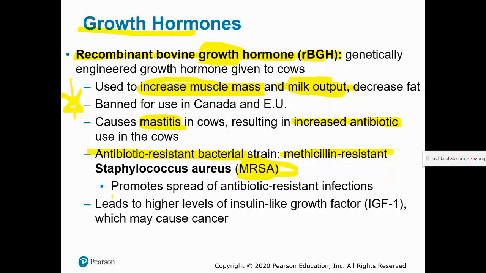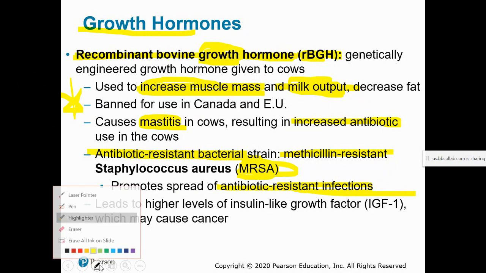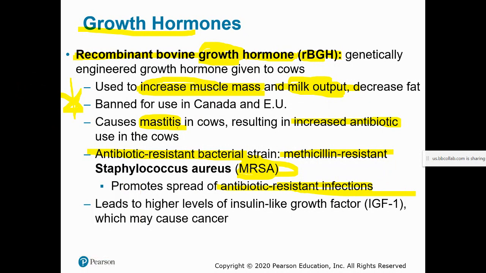And then we get these really bad spreads of antibiotic resistant infections, not just in cows, but also in humans. So maybe not surprisingly, some other parts of the world have actually banned the use of recombinant bovine growth hormone because they can see with plain eyes how damaging this is, not just to the cows, but also to the ecosystem at large, of which humans are a part.